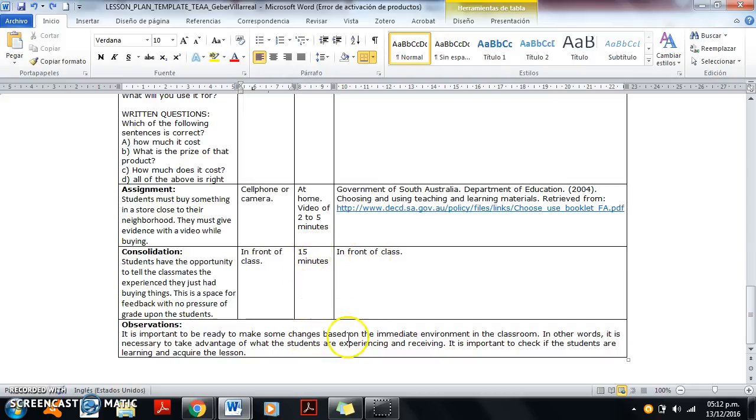Some observations I also wrote down here are that it is important to make changes, and this is important for the teacher to realize how it is going in the environment, so that they can make some corrections and also some good things that will follow the lesson.